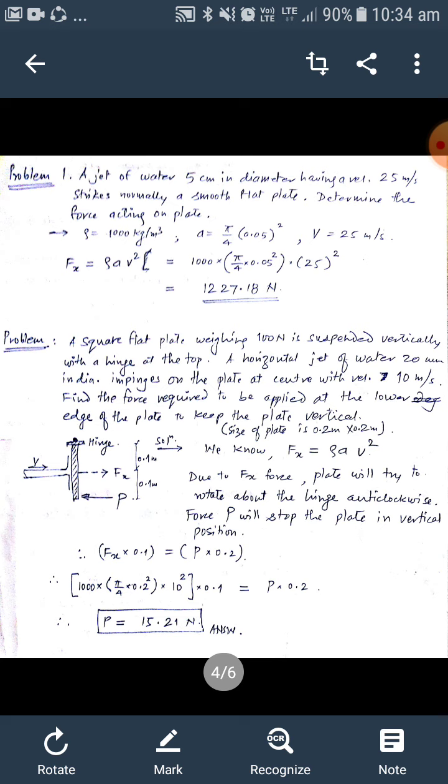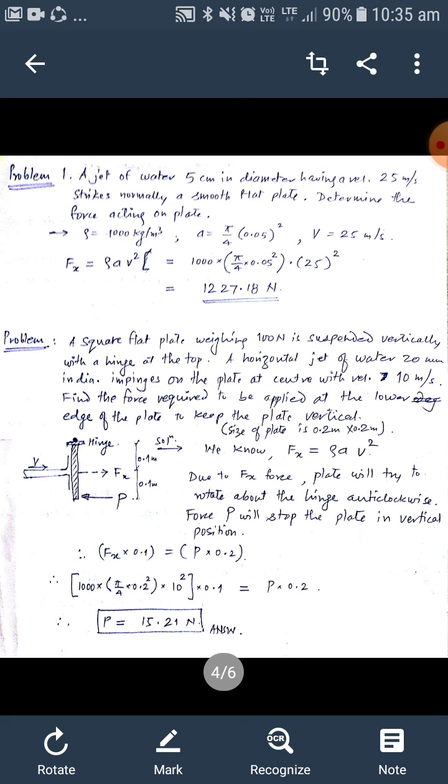So the first part we have to solve is finding Fx. Now this is case number 1, that is flat plate. Fx becomes rho a v square, where rho is known, area can be calculated, velocity is given. So we can see Fx is very simple to calculate. But now how to find P?